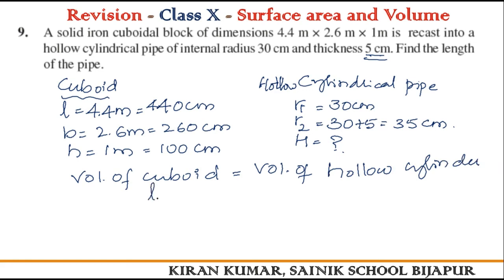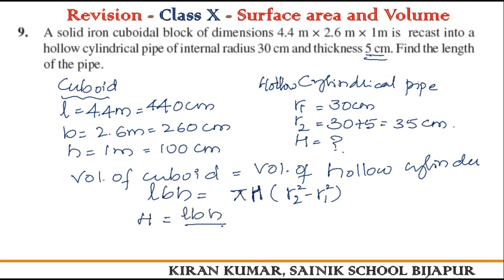We know the volume of cuboid is LBH and the volume of hollow cylinder is given by pi r square h. Here it is pi h common, we get r2 square minus r1 square. So h will be equal to LBH divided by pi times of r2 square minus r1 square.